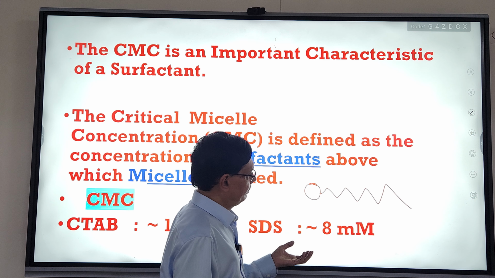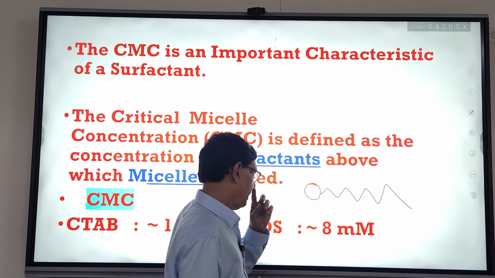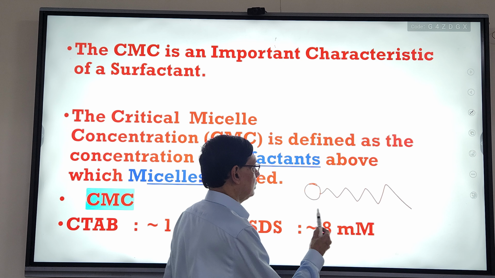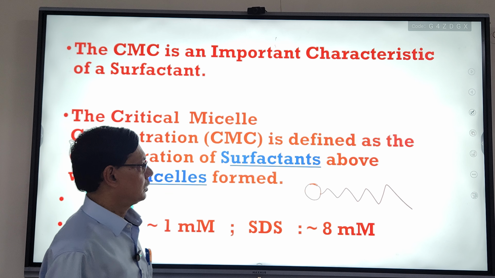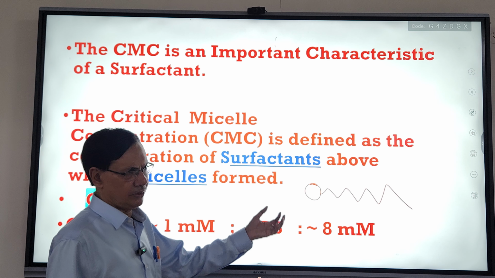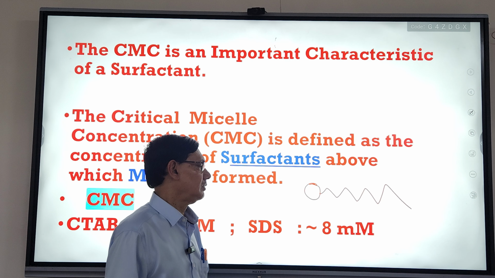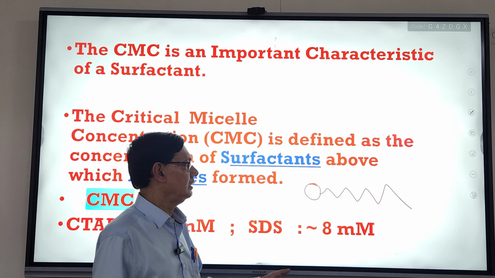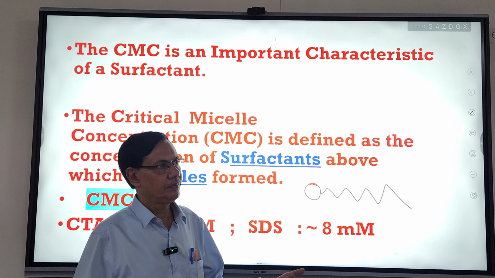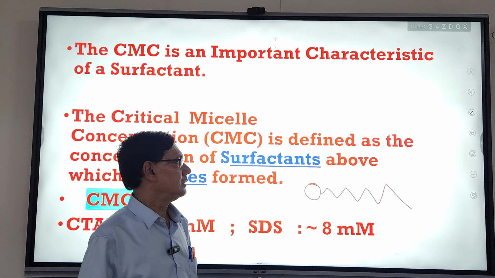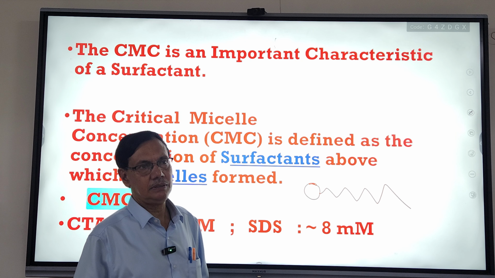The head group may be cationic, and there is a counter ion also. Most surfactants, I am not saying all, are not liquids, but CTAB or sodium dodecyl sulfate are solid substances, very nice crystalline substances.